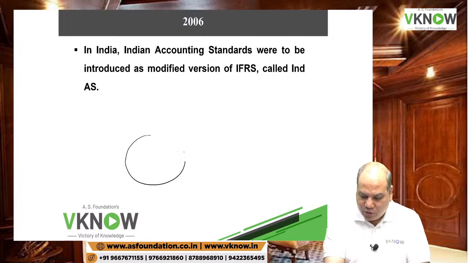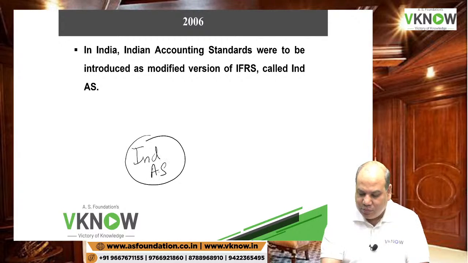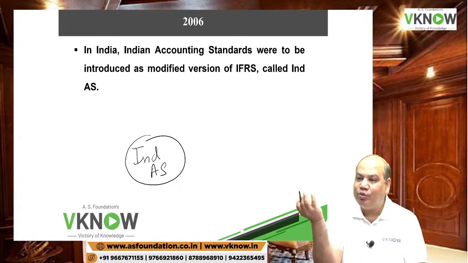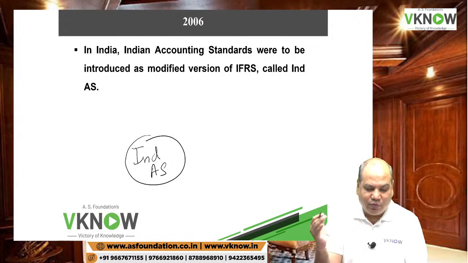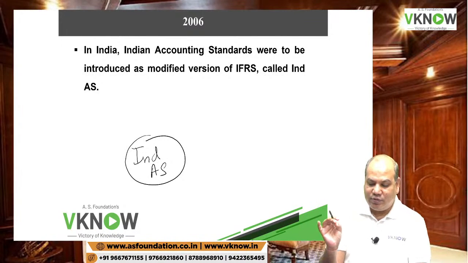So India is also a funny country. They have given a new name to IFRS, and that is called Ind AS. Don't ask why. So it is called Indian Accounting Standard, which is a converged version of IFRS, right?